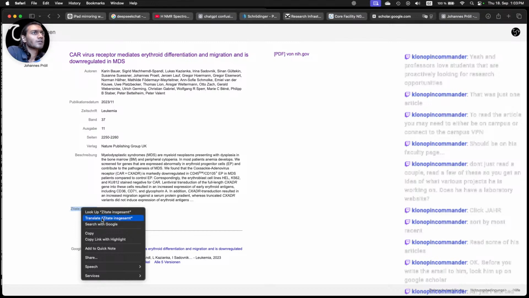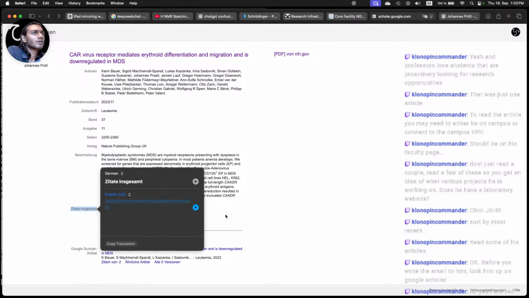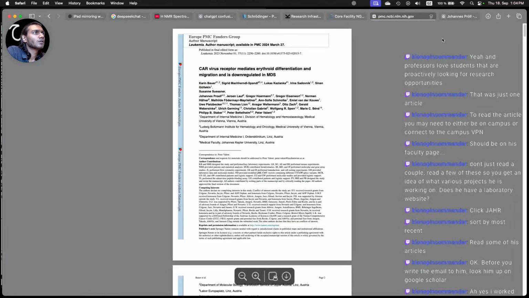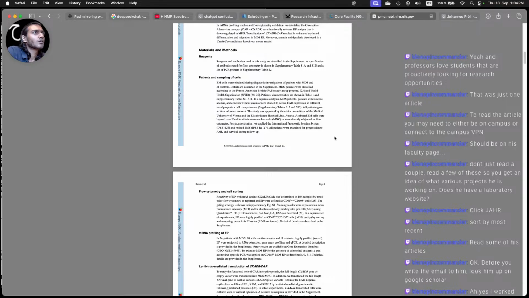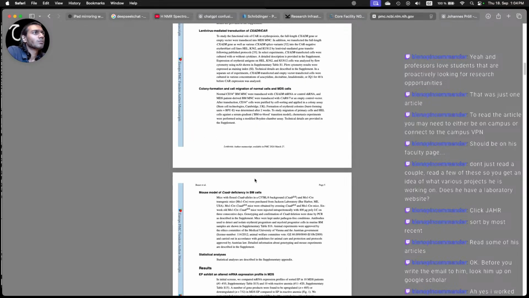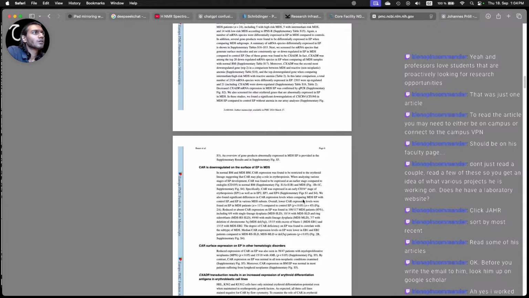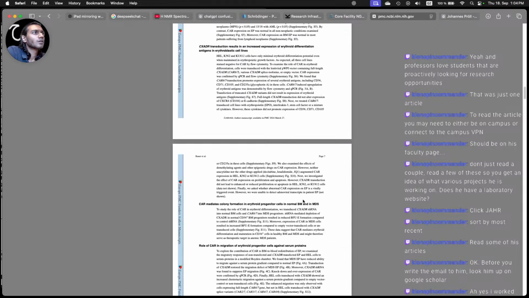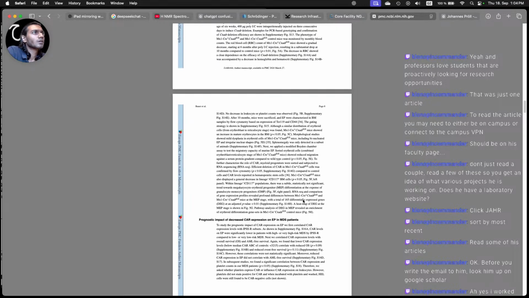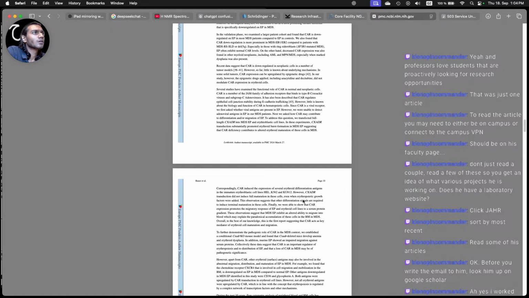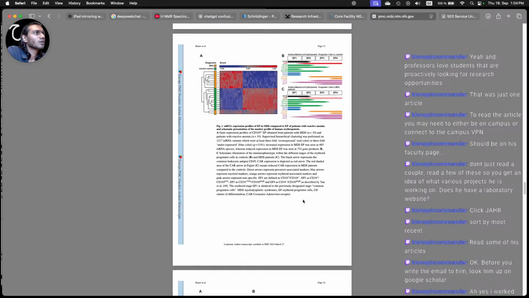What is this? Total codes. Mouse model in BM cells. Oh shit.